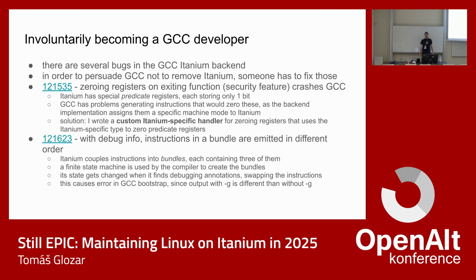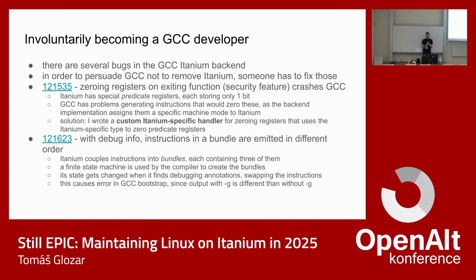And there is another issue that is really Itanium specific, and that is that with debugging GCC emits different code than without debugging, which GCC folks treat as a bug. It is because on Itanium, when you have instructions, you couple them into bundles of 3. You have 3 instructions in one bundle.